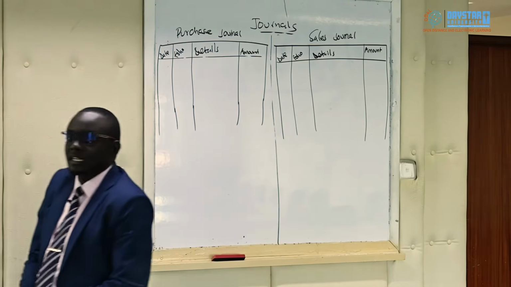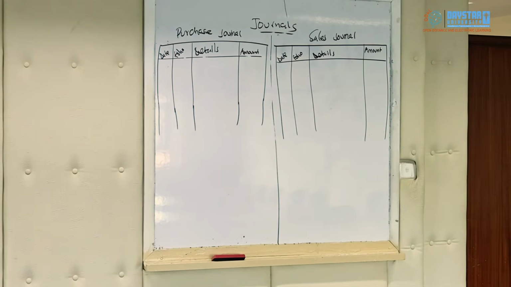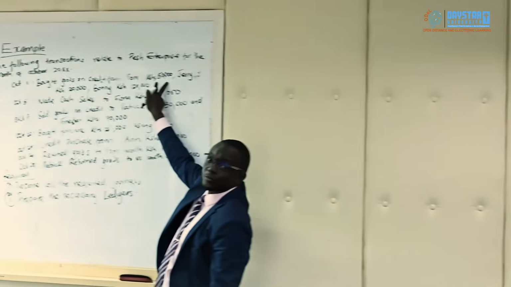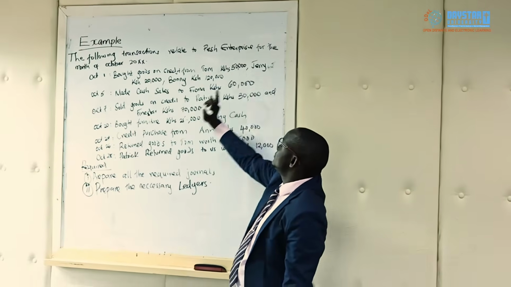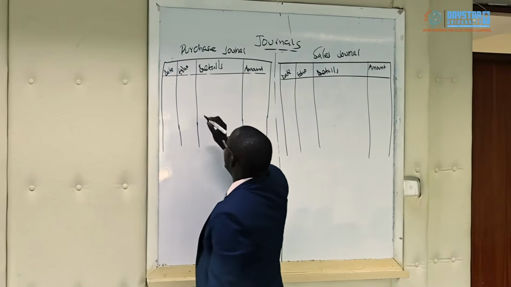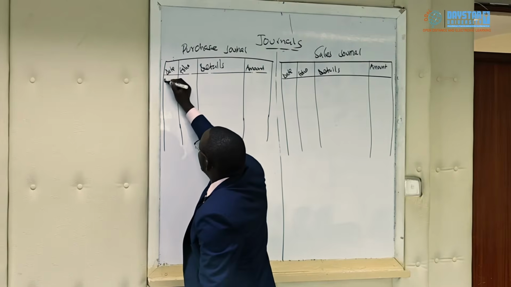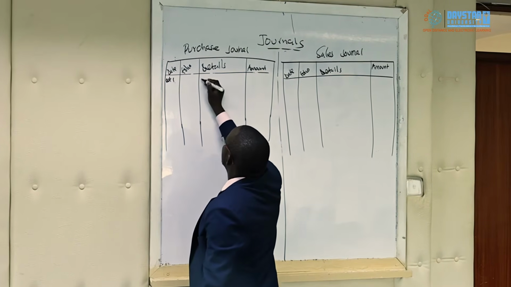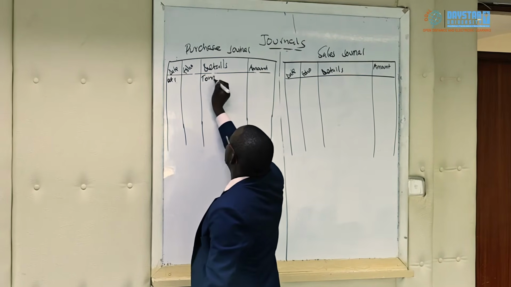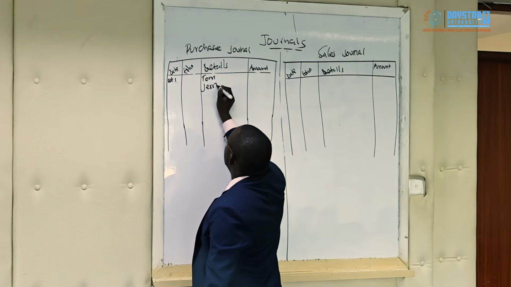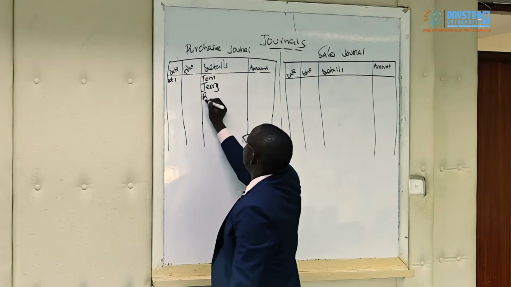We are told that October 1st bought goods on credit from Tom 50,000, Jerry 20,000, then Bonnie 120,000. So we record here, these are purchases. October 1st, we have Tom, we have Jerry, we have Bonnie.